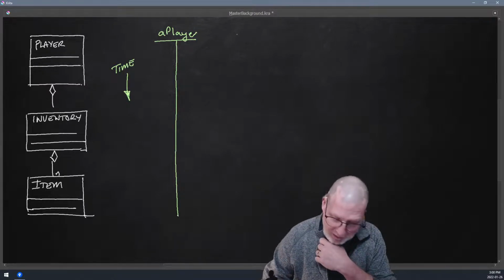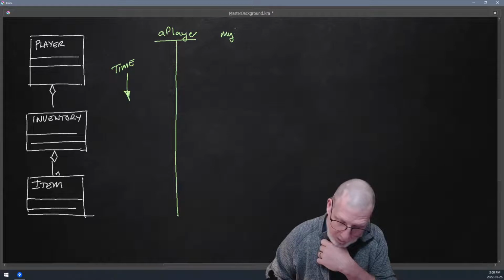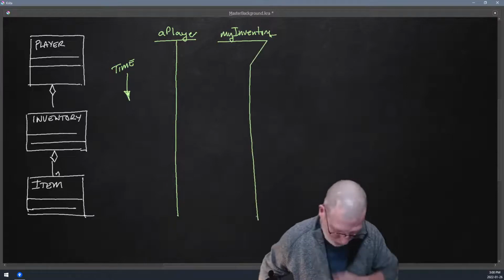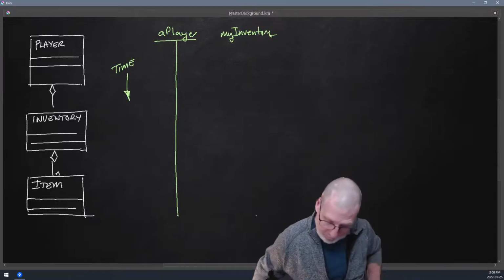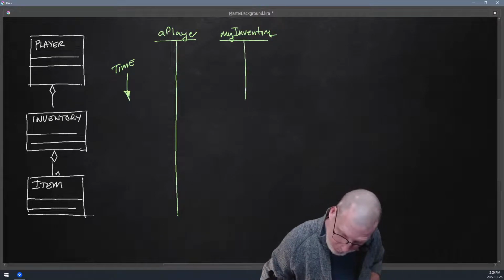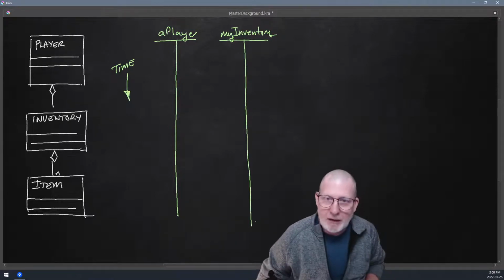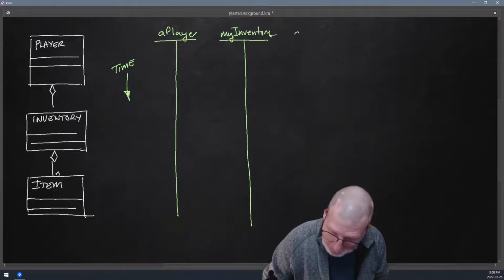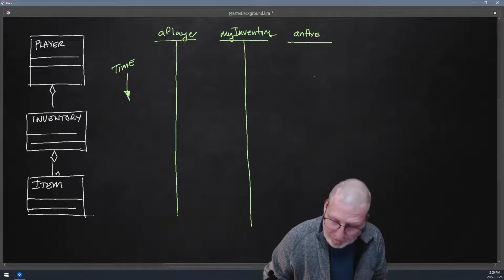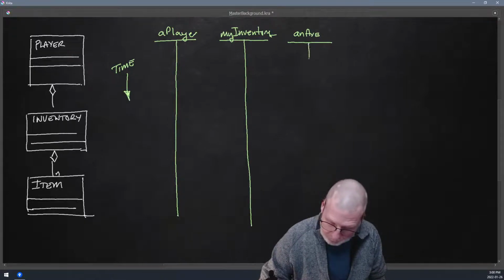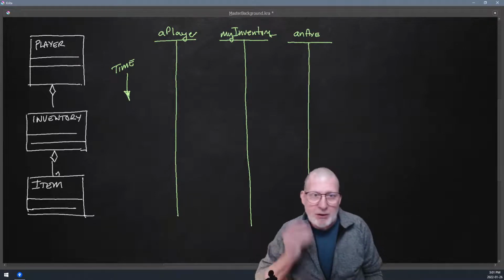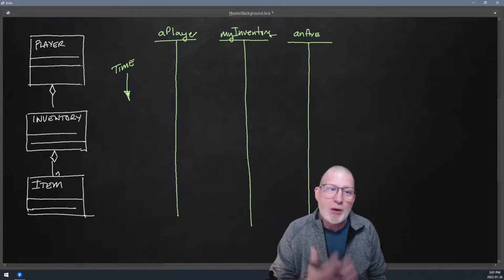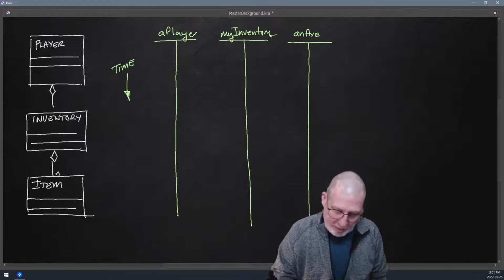And what other things do we have? My inventory. And then potentially an axe. So the way we test this out is we use those action words, those methods.